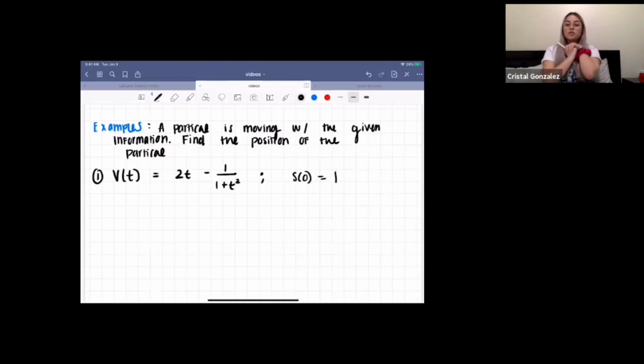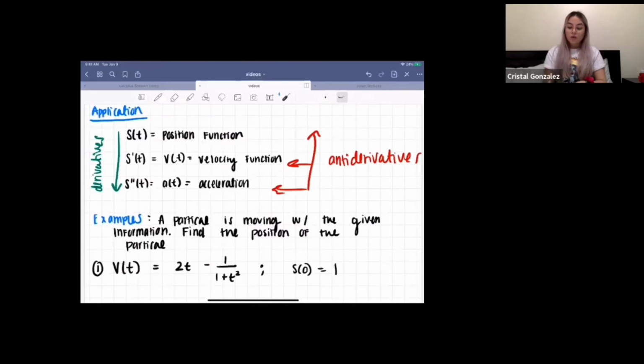Okay, so they gave us our velocity function. We want to know the position function. So if we look at our diagram, we're right here and we want to be right here. So what we need to do is take one antiderivative upwards to this part here.